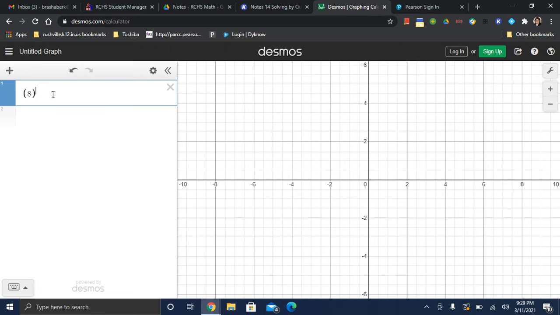Now this time I'll do shift 6 to get the squared. And then it was minus 4 times, and look back if you forget. So it was 4, and then 3. And so this tells us that we have 16.